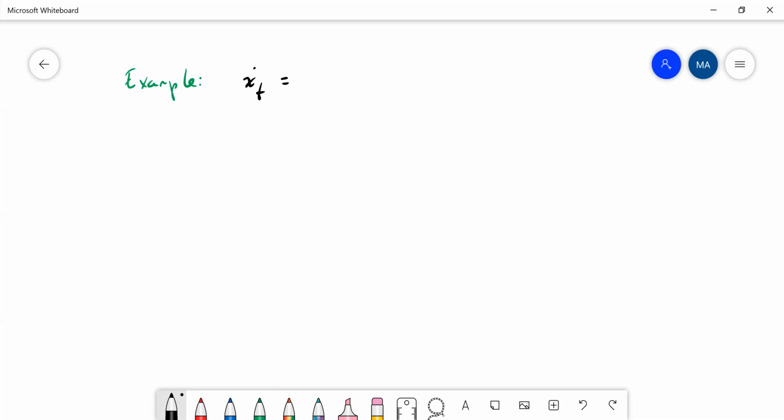Your x dot, let's say, is equal to x squared minus 4y plus, let's say, 16, and y dot equals, let's say, natural logarithm of y, let's put a minus here, plus x minus, let's say, 4.